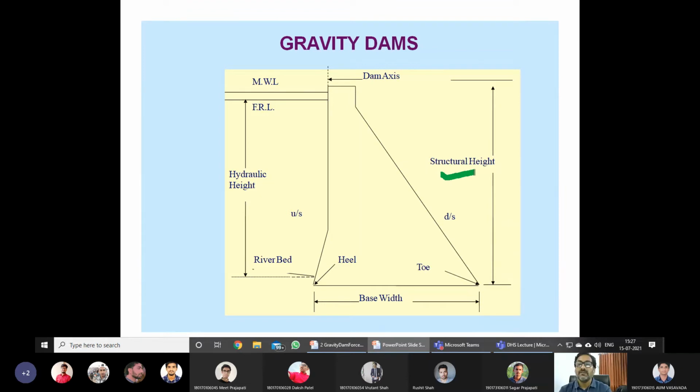Here it is mentioned, the structural height. So structural height means the structure, from the top of it here up till the bottom.